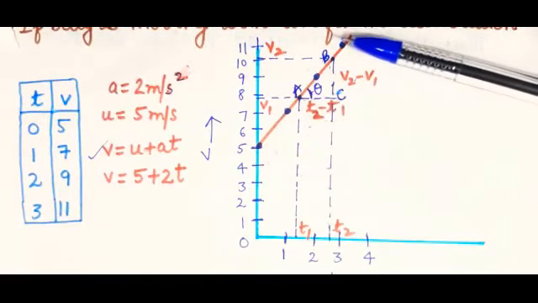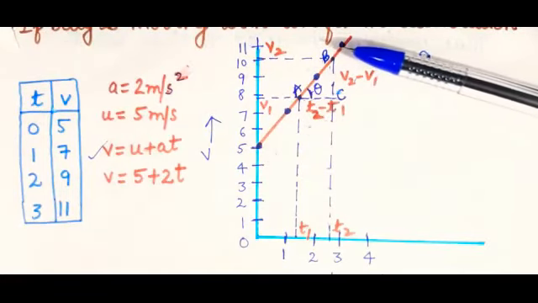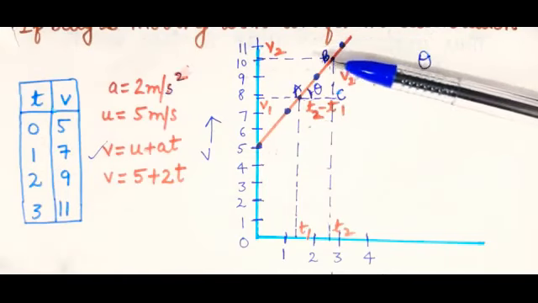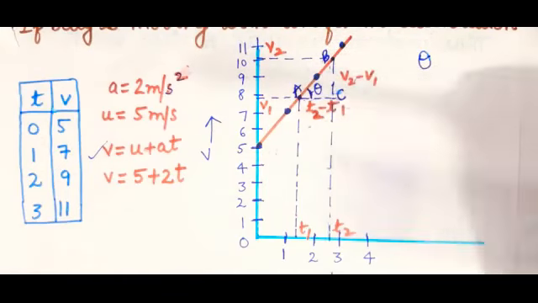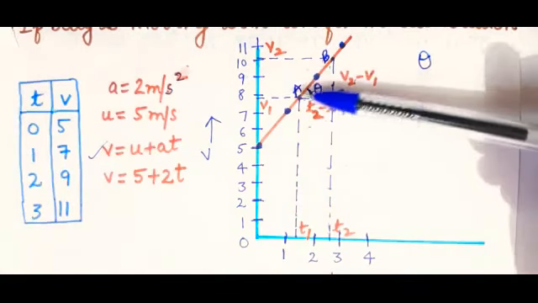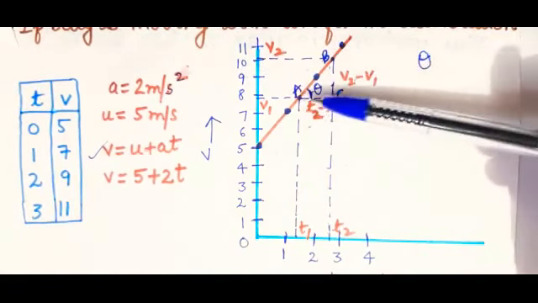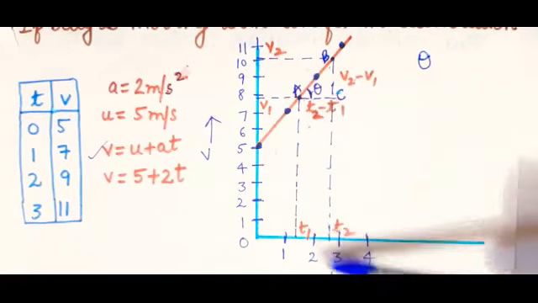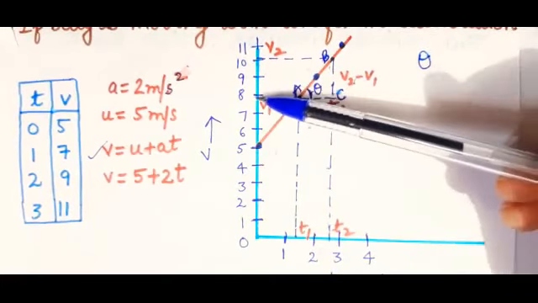Now on this line, consider any 2 points. You will have to consider any 2 points on this straight line. I have considered point A and point B. Now from these 2 points A and B, draw perpendiculars on the time axis and velocity axis.